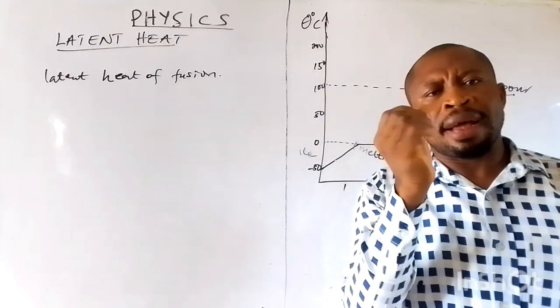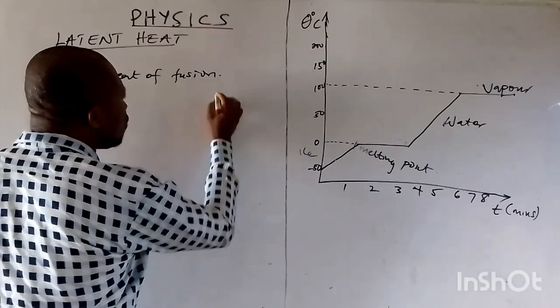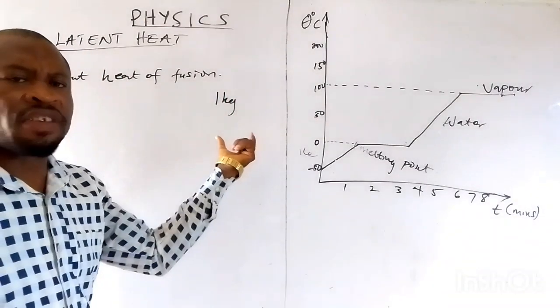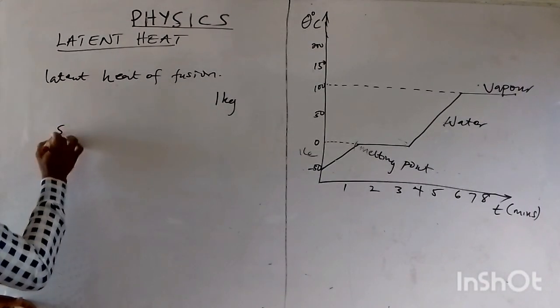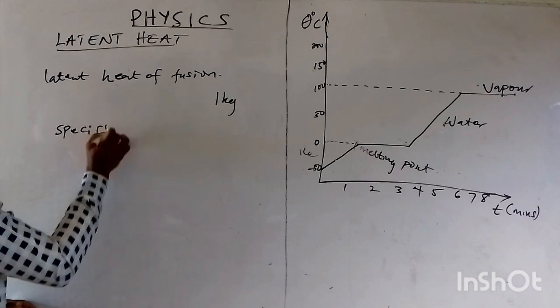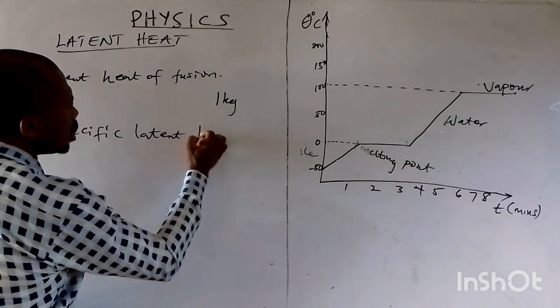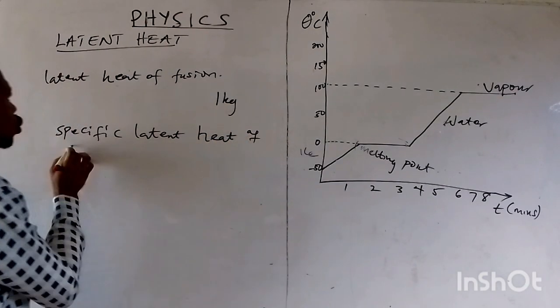Now, when a unit mass, or 1 kg of this mass is involved, we now talk about specific latent heat of fusion.